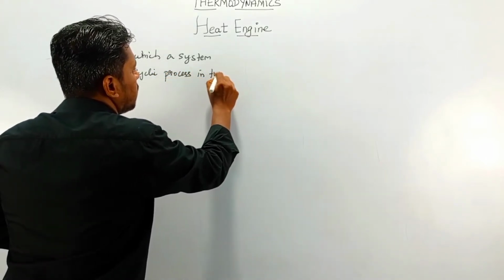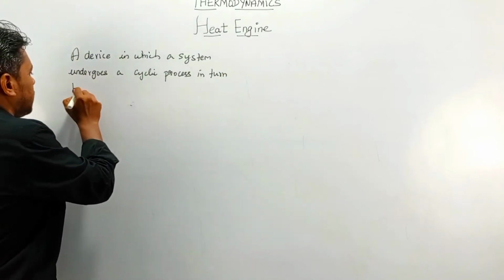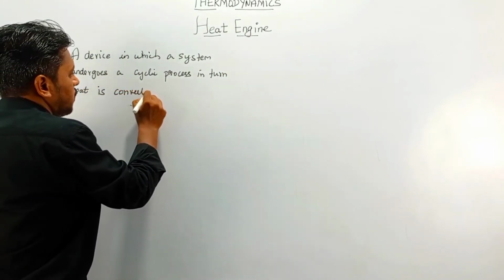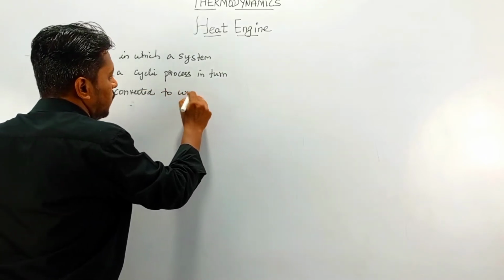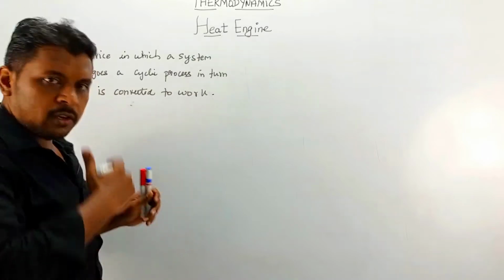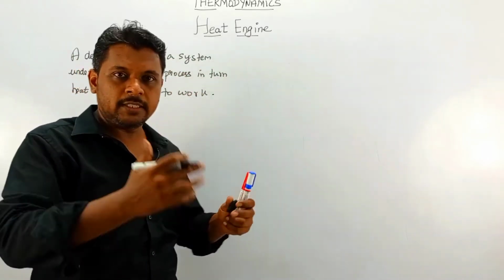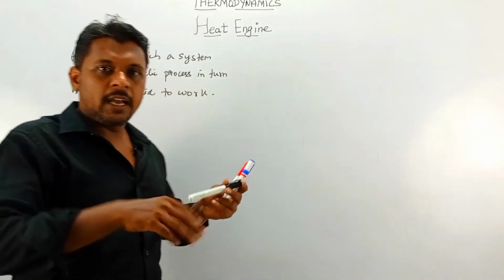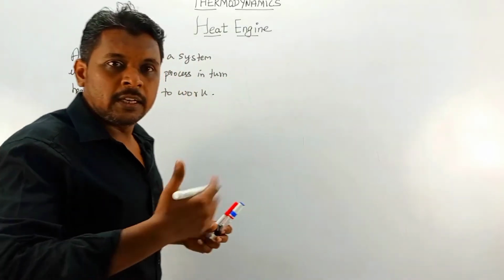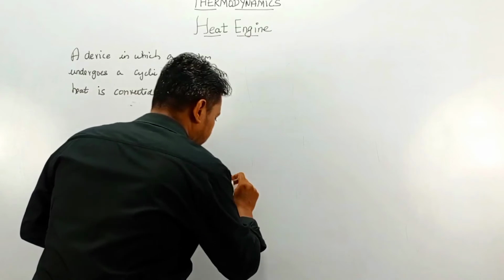In turn, heat is converted to work. So this is a device in which a system, air or gas, undergoes a cyclic process in which heat is converted into work. So let us see the layout of this heat engine.